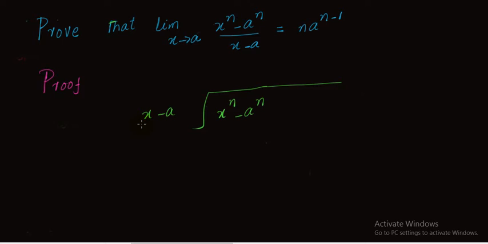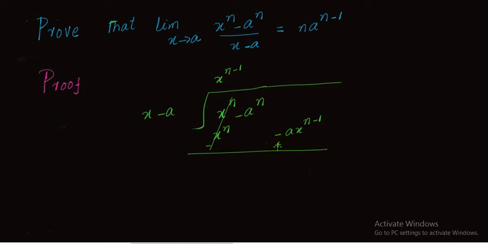First we multiply x by x^(n-1) to get x^n. We multiply -a by x^(n-1) and we get -a x^(n-1). We change sign, plus minus, these two terms cancel out.